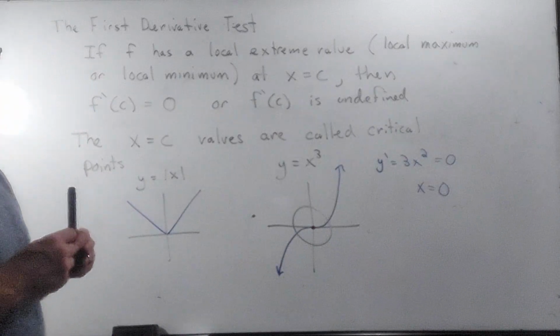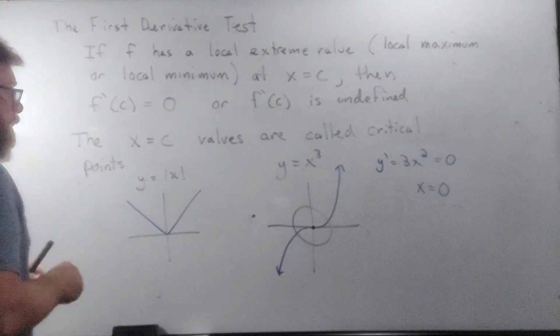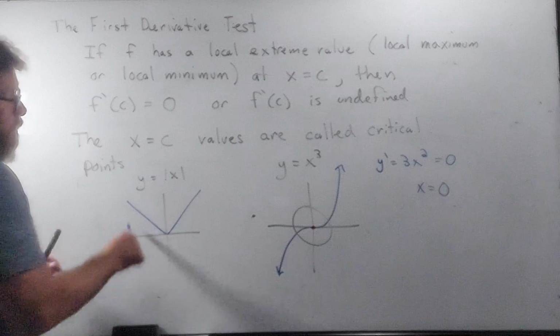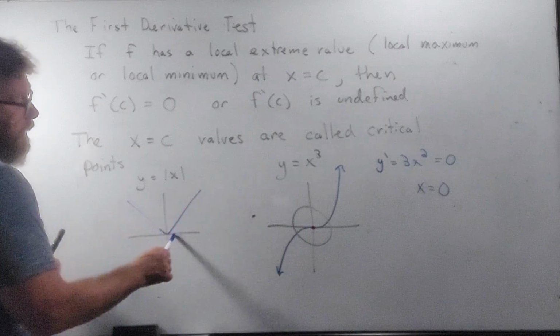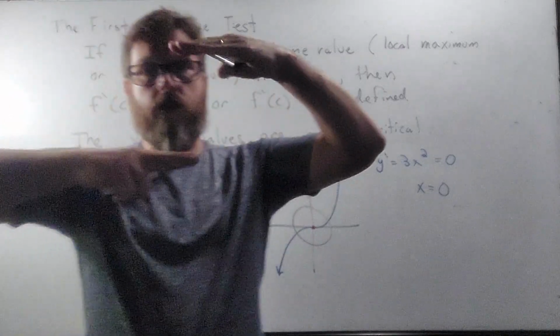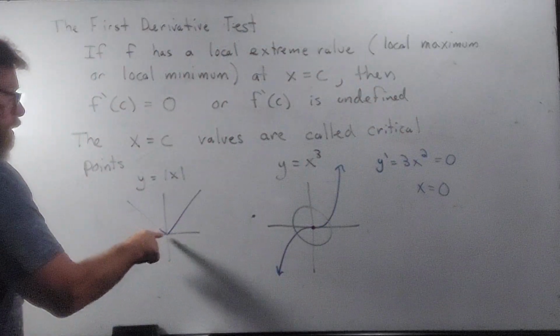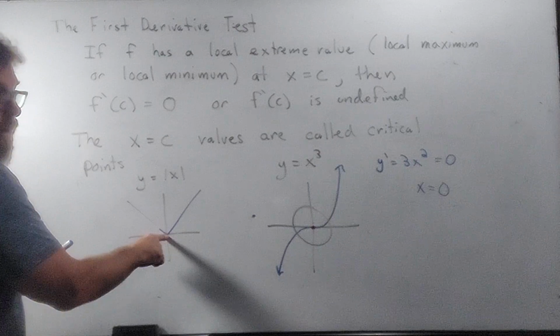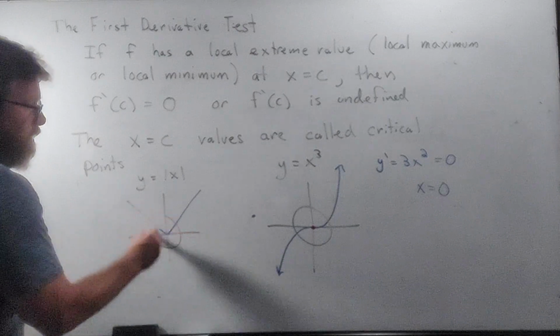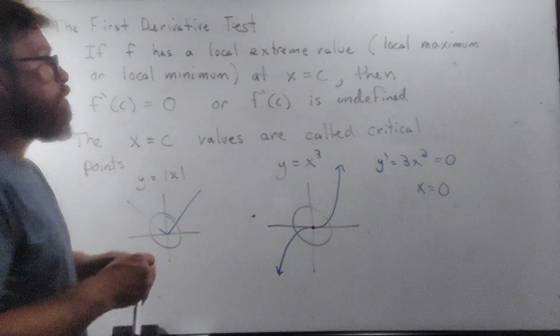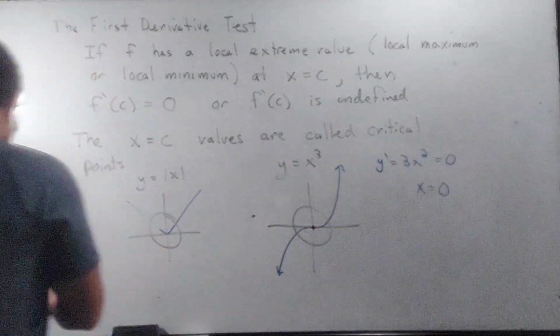The derivative would be undefined there because the derivative wouldn't be continuous. It'd be -1 here and then +1 here. If you graphed its derivative function, it would look like this, and it's not a continuous function at 0. So its derivative is undefined at this point, but you can see that this is a local minimum. That's why I throw the undefined there as well.